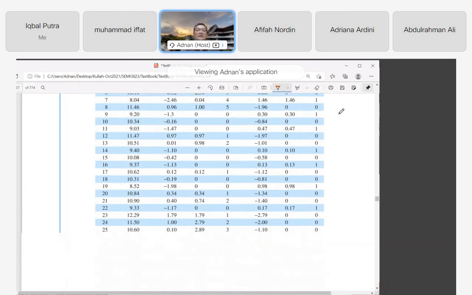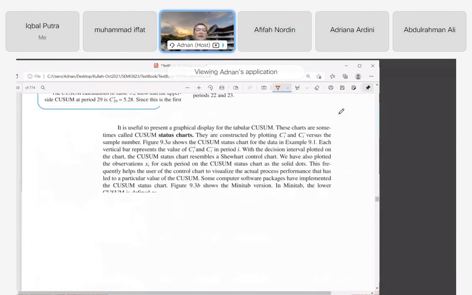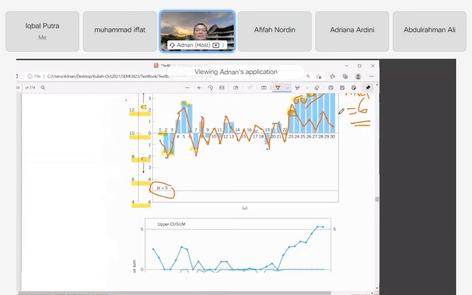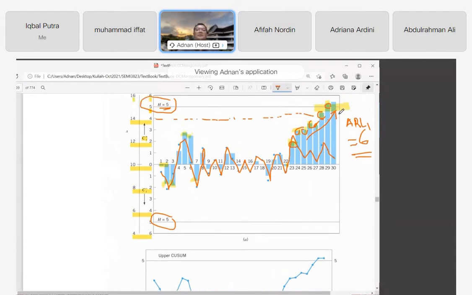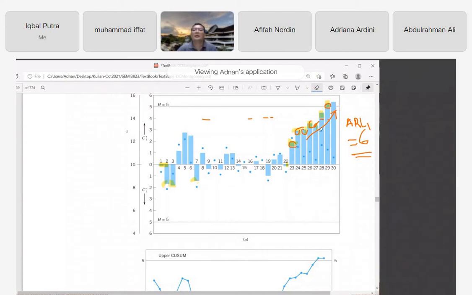This is what we see in this chart, two-sided.